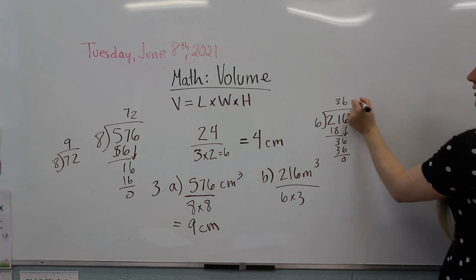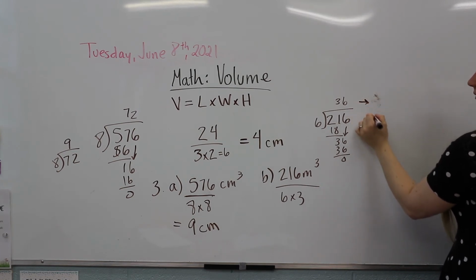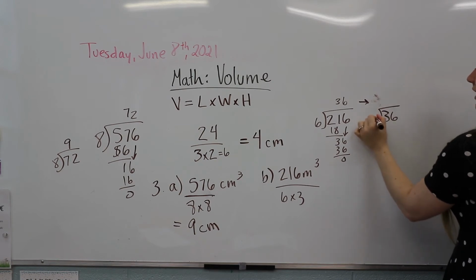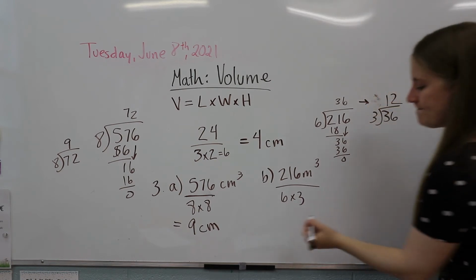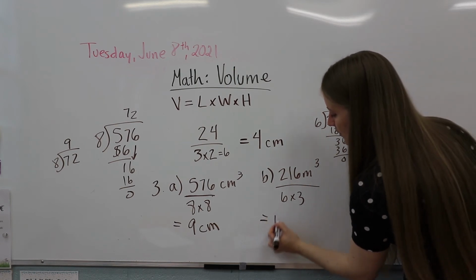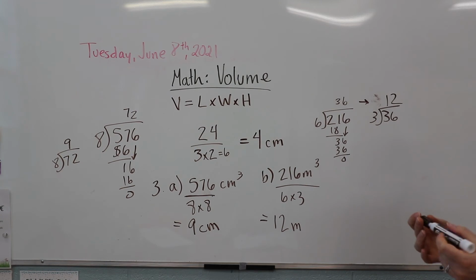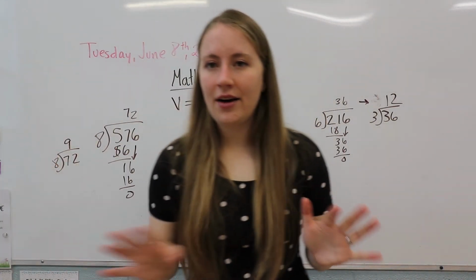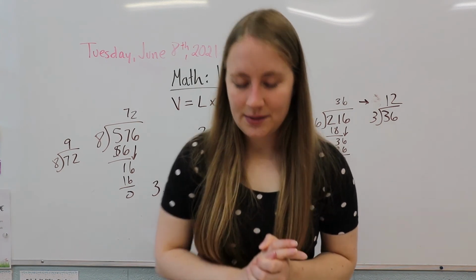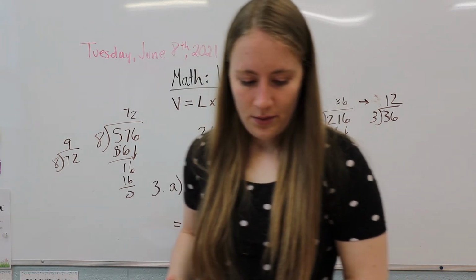And now we can do 36 divided by 3, which we know is 12, okay? So the answer for this one is 12 meters. That's our missing dimension. All right, I hope you're seeing a little bit of how this works as we practice it together, and you'll be able to practice it more in your textbook.